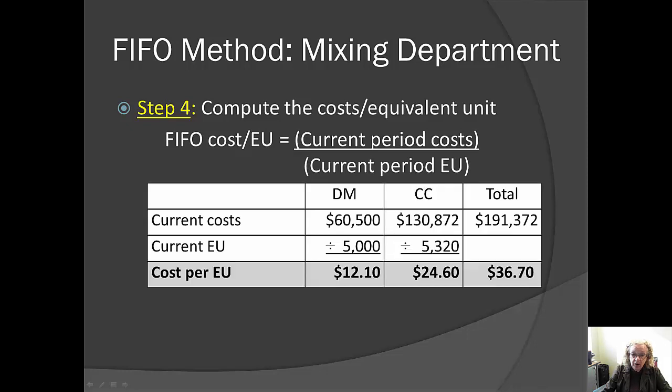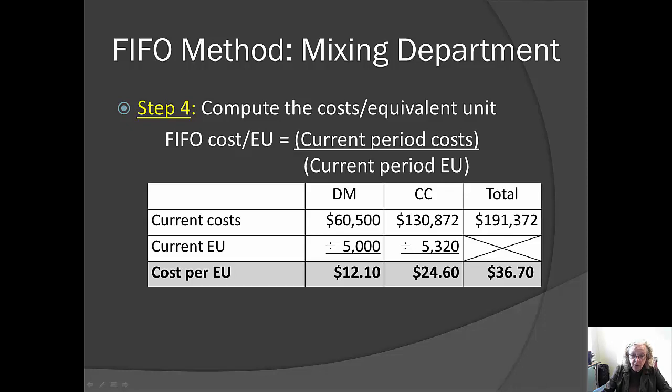Then if we want to, we can add across, and that tells us that in this period it cost us $36.70 per equivalent unit of current costs.